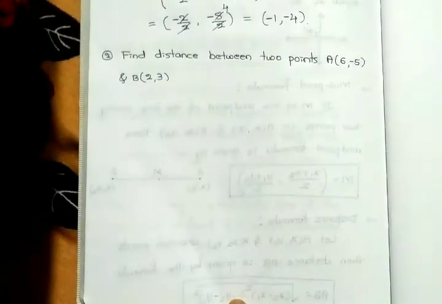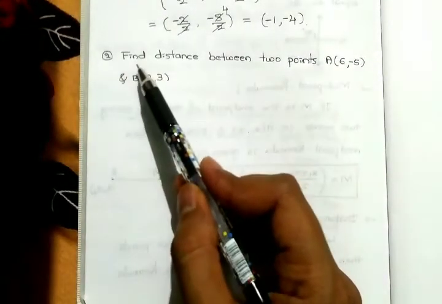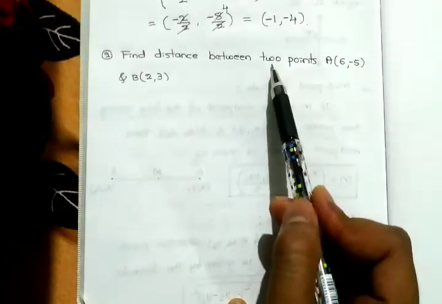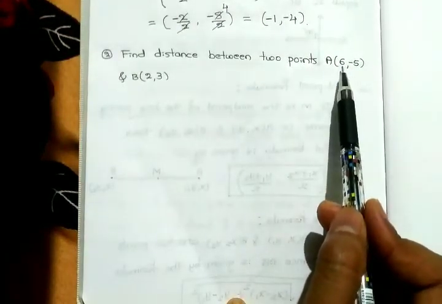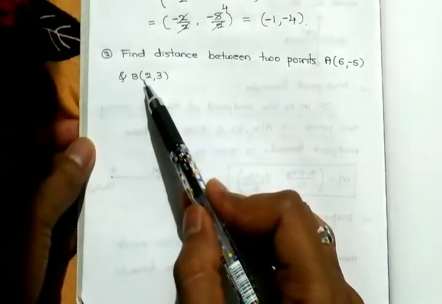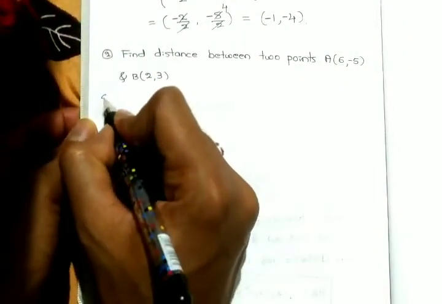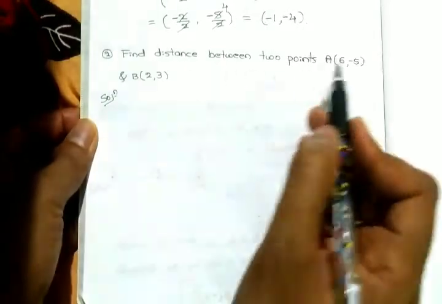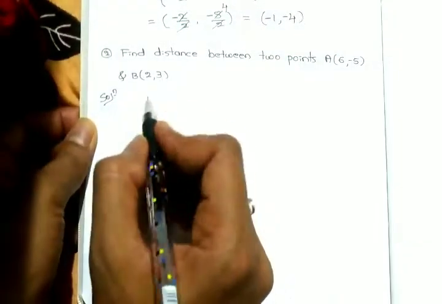Next, second example, find distance between 2 points, A (6, minus 5) and B (2, 3). So you need to find out the distance AB.